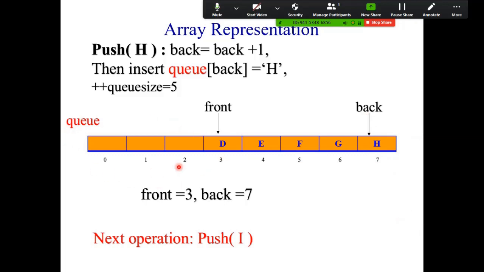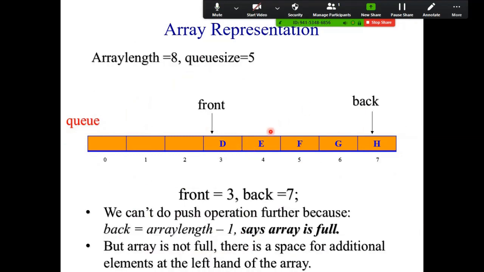Look at the front spaces, it looks empty. What we do? I want to shift all the elements towards left side by one place. Then you need to perform push operation. It's a costlier process. So how do you perform? Look at this. So what we need?